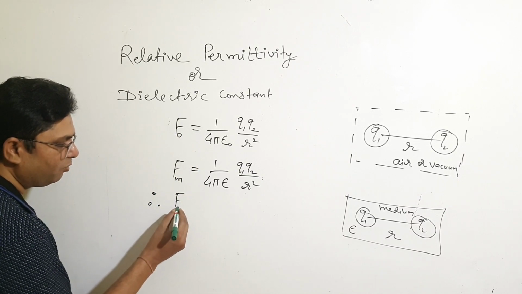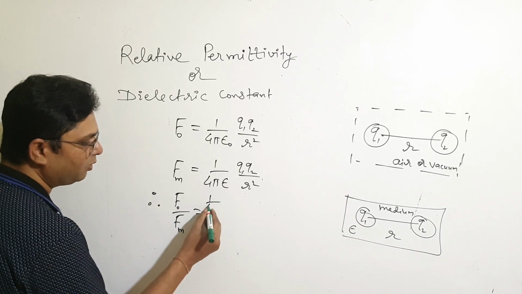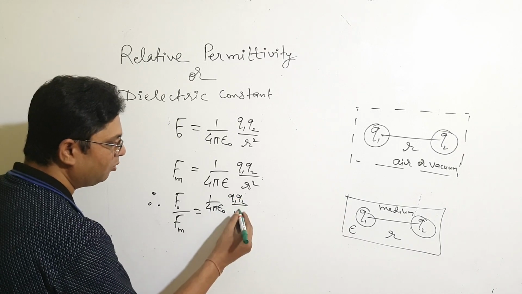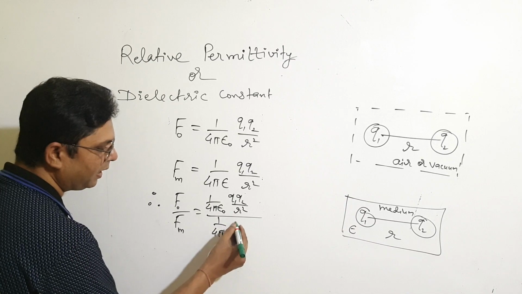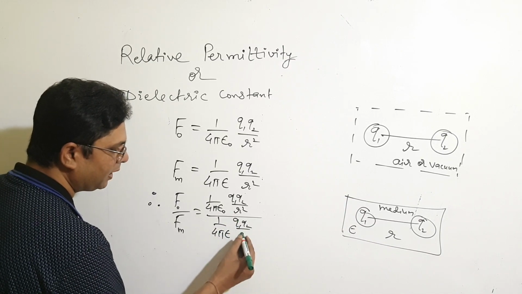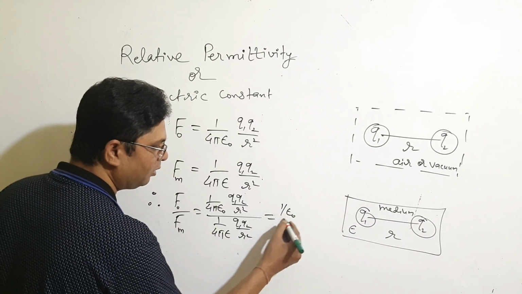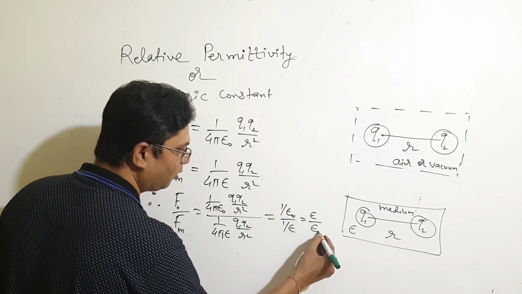Therefore, F naught, force in vacuum, by Fm, force in medium, is equal to 1 by 4 pi epsilon naught Q1 Q2 upon r square whole divided by 1 by 4 pi epsilon Q1 Q2 by r square. So here you get 1 by epsilon naught over 1 by epsilon, so it is epsilon by epsilon naught.